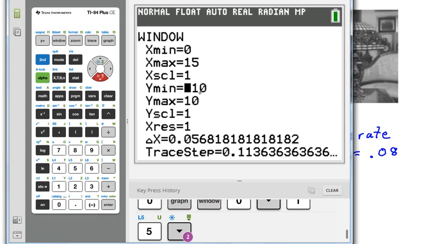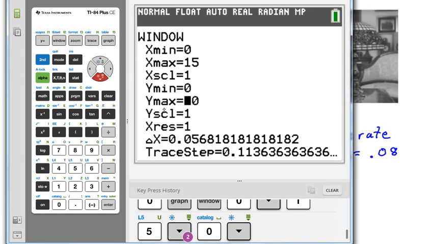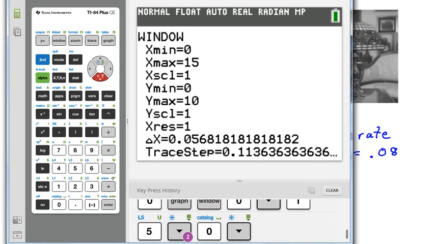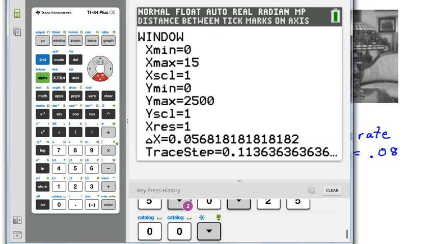Y minimum, we can leave it at -10 or 0. And then we need to go up to $2,000. So I'm going to go ahead and put more than that, maybe 2,500, because I know that will get us there. And our Y scale I'm going to put at 100 units.